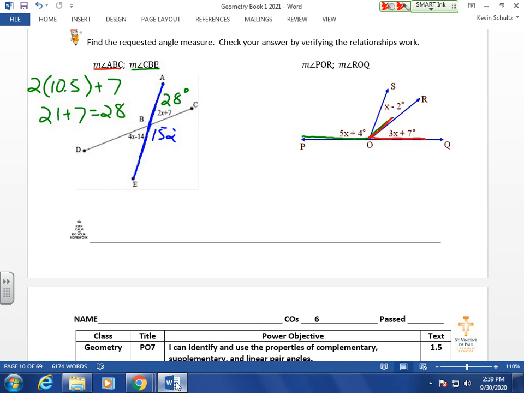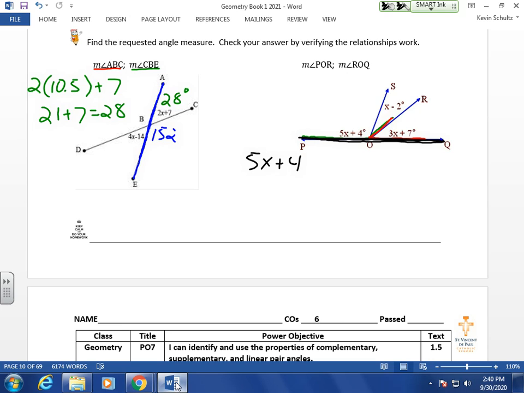Audrey: Since it's like a straight line, they're all going to add up to 180. Yeah. Do we have a linear pair here? No. A linear pair is specifically two angles that add to 180, but we do have a straight line. And so these three angles, even though they're not a linear pair, will add up to 180 degrees.